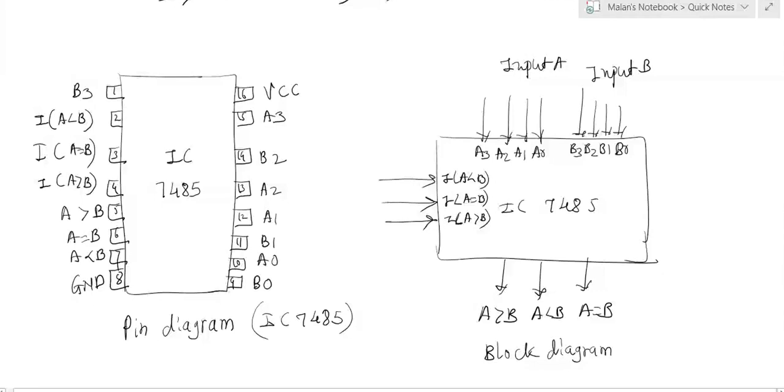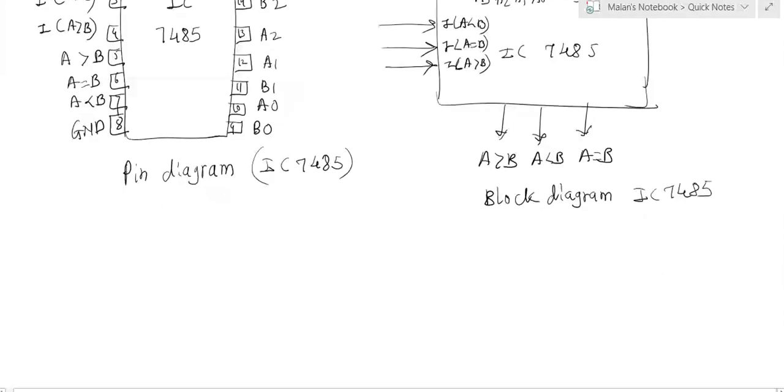Now the IC 7485 4-bit comparator is used to compare 4-bit binary words. And in the IC 7485, the cascading inputs A less than B and A greater than B are grounded together.